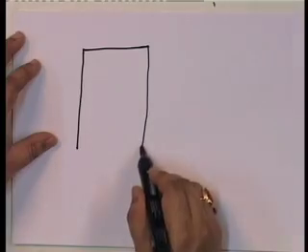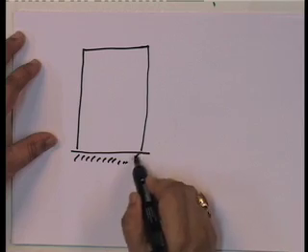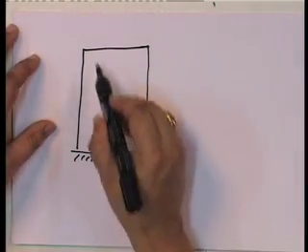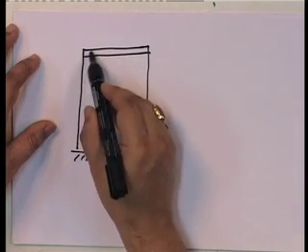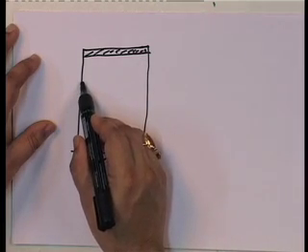Okay. So, let me do one thing. Let us now look at a specific problem, a fairly well known problem, and I am going to list it out to you. This is a 3-storied building with rigid beams.